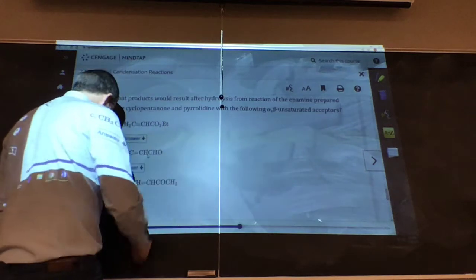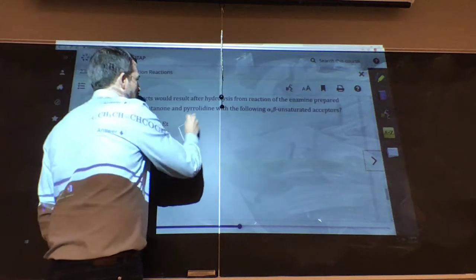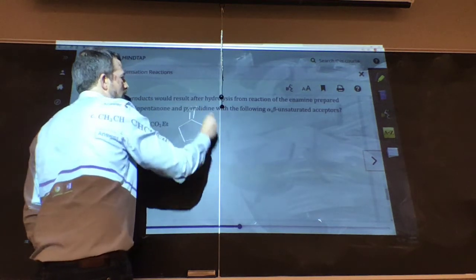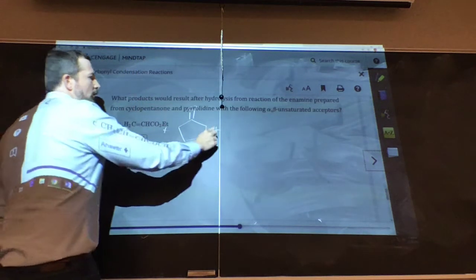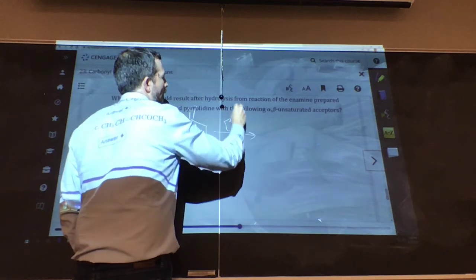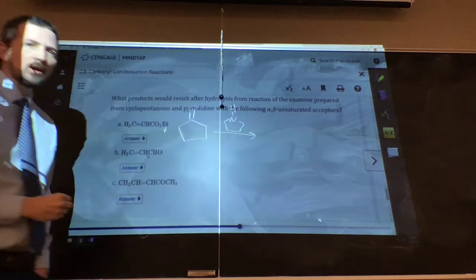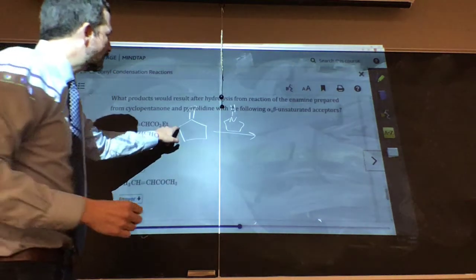So cyclopentanone plus this compound, plus pyrrolidine.